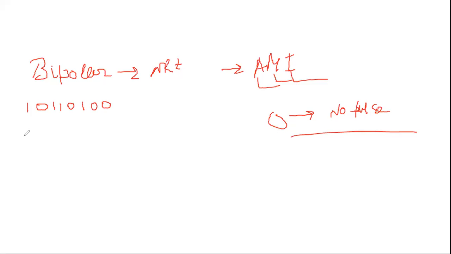So the first one, this is logic 1, and for 0 it is 0. Again there is a 1. So the first one is completed. Now for the second one, it must be negative.